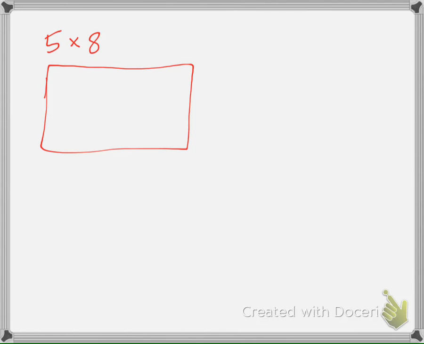Well, if you know that the picture is initially 5 by 8, and you want to put it onto a poster board that is, let's say, 36 inches tall and 48 inches wide.